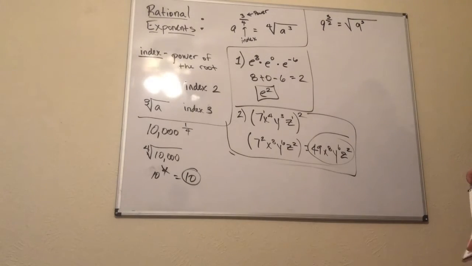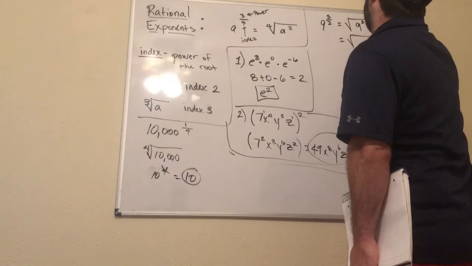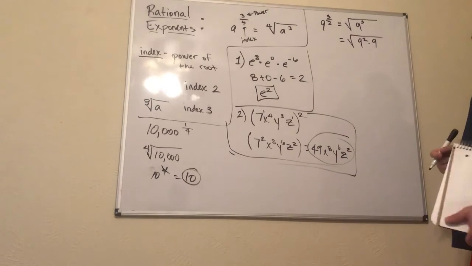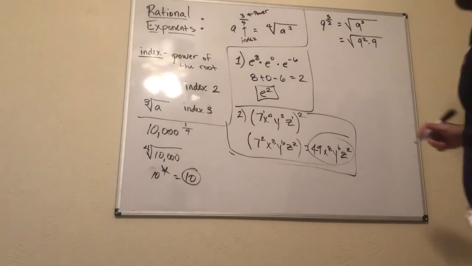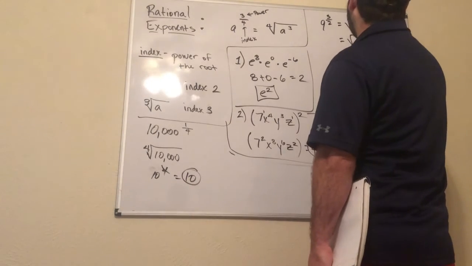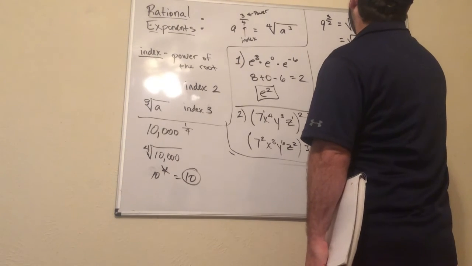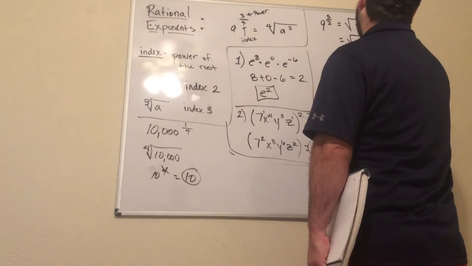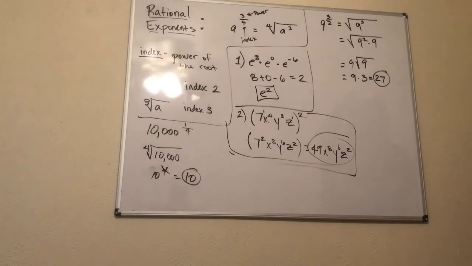And so remember, 9 cubed could be expressed as the square root of 9 squared times 9, right? And so we could redo this. 9 squared would give us 9, and then this would be square root of 9, and so this would give us 9 times 3, which is 27.